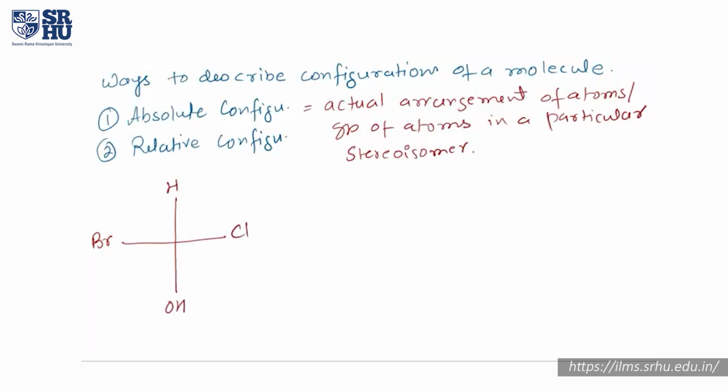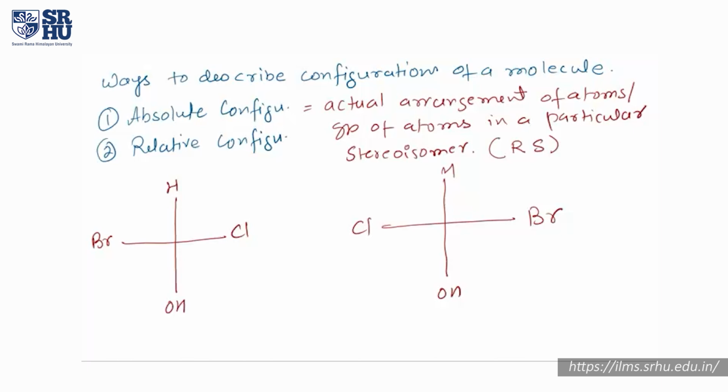I have already told you that the way of presenting absolute configuration is RS nomenclature. Because it is absolute configuration, it will tell us how these atoms are actually arranged. So this is H, OH, Cl on the left-hand side and bromine on the right-hand side.